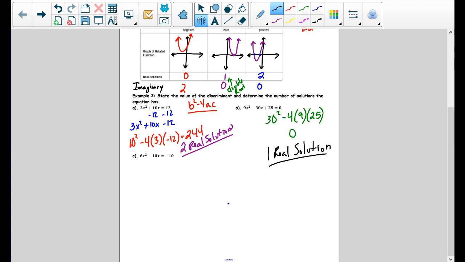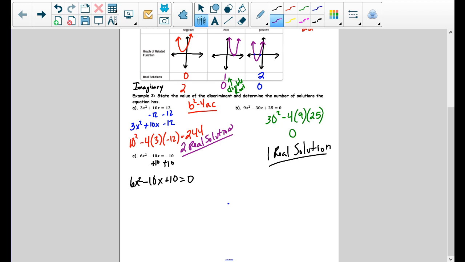And then in C, again, we got to get it equal to 0, so we're going to add that 10 over. So this becomes a positive 10. So 6x squared minus 10x plus 10. Now I can do my a, b, and c in my formula.